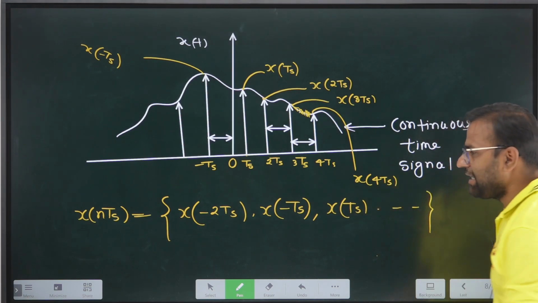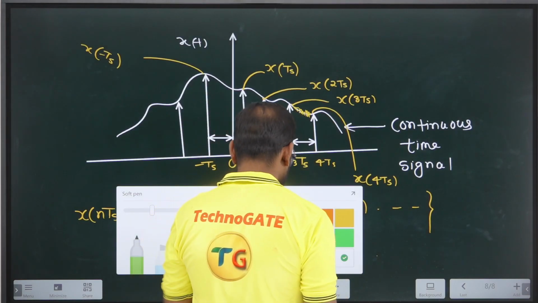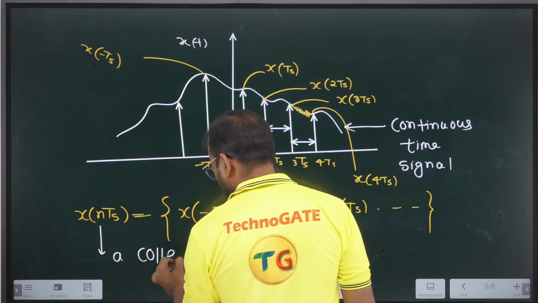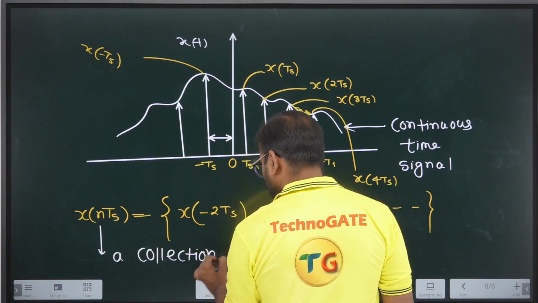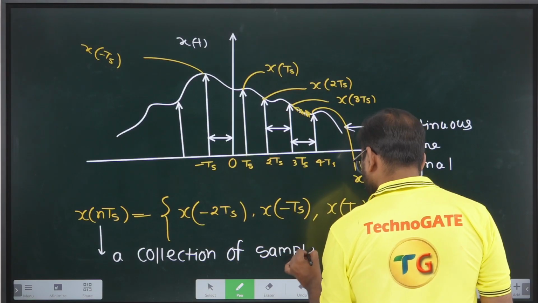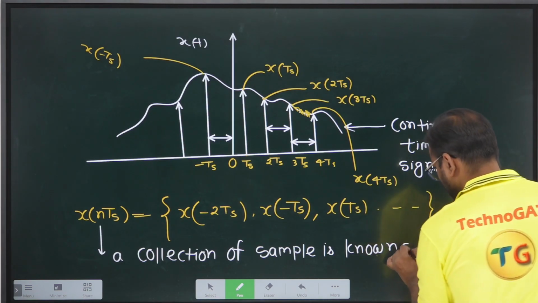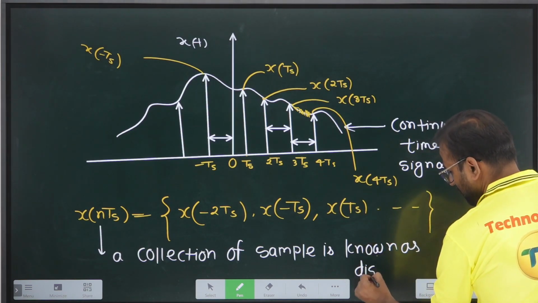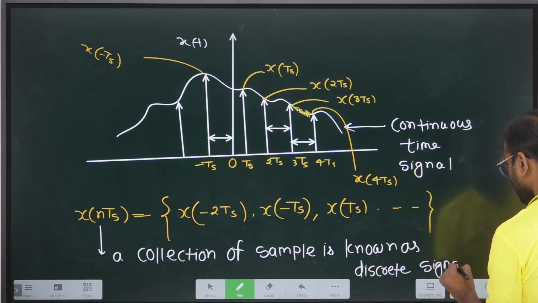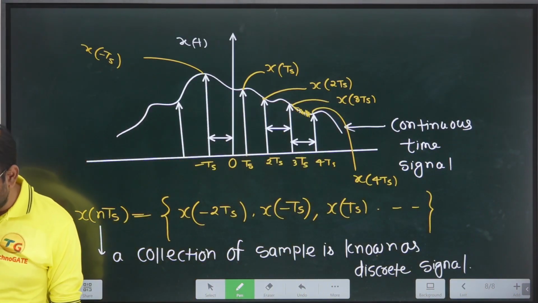A collection of samples is known as a discrete signal.